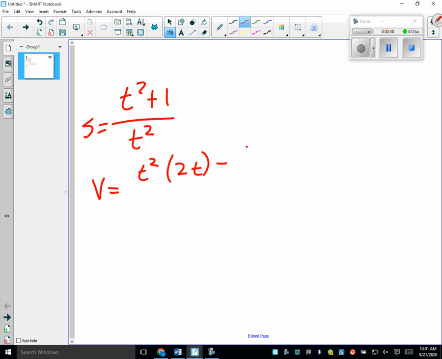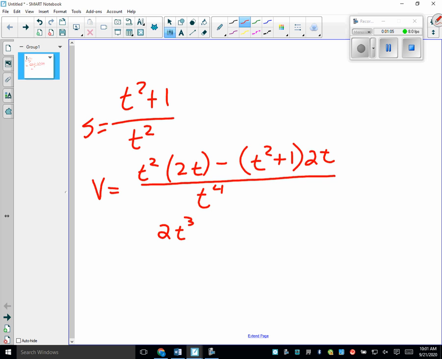Minus the top times the derivative of the bottom. What's the derivative of the bottom? 2t, yes. All over the bottom squared, t squared. Which is? So is this 2t cubed minus 2t cubed minus 2t?